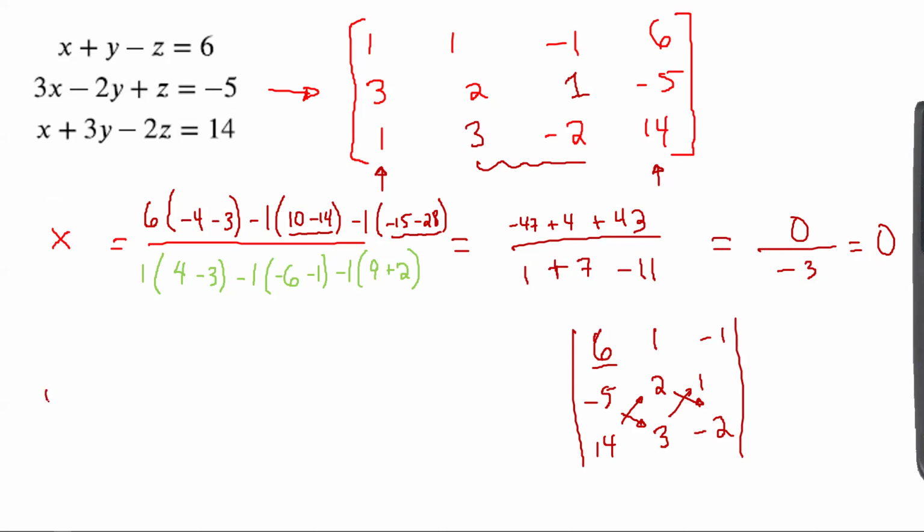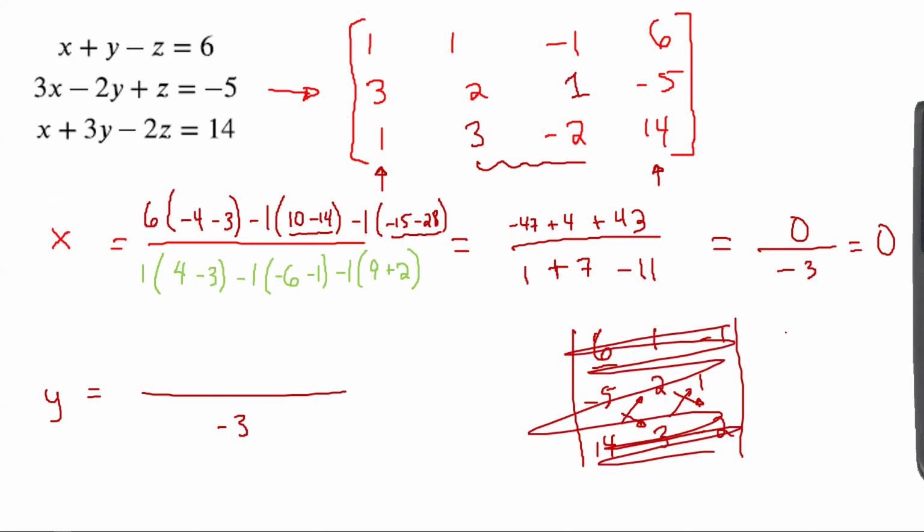Okay. You would do exactly the same thing for y. We already know that the denominator is negative 3. No need to do that all over again. I'm not going to do this here, but for y, we would take this column, the last one, and put it in the y column.